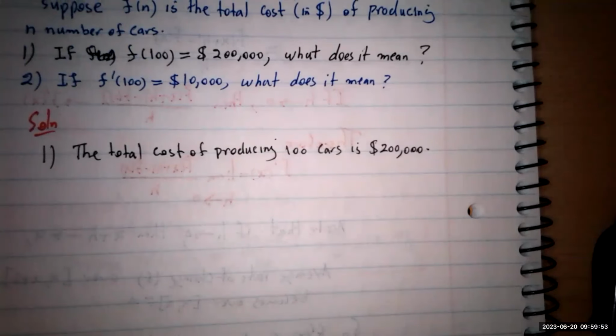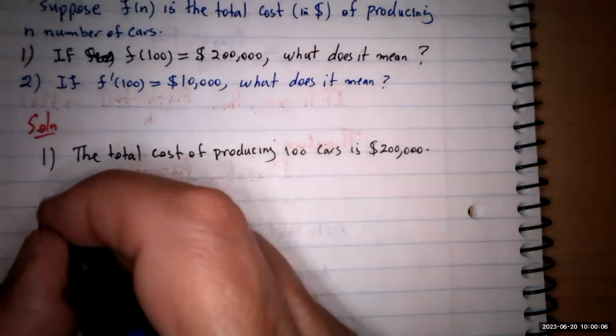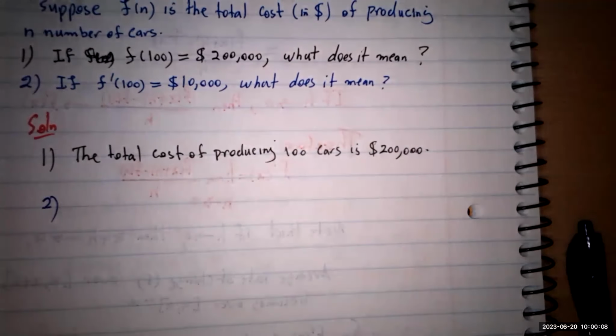Very good. Any question? So in the actual case, the function would be given to you, then you substitute x equal to 100, and that gives you f of 100. Okay, that's algebra. Second part. Any suggestion for the second part? Let's say f prime of 100 gives you 10,000.